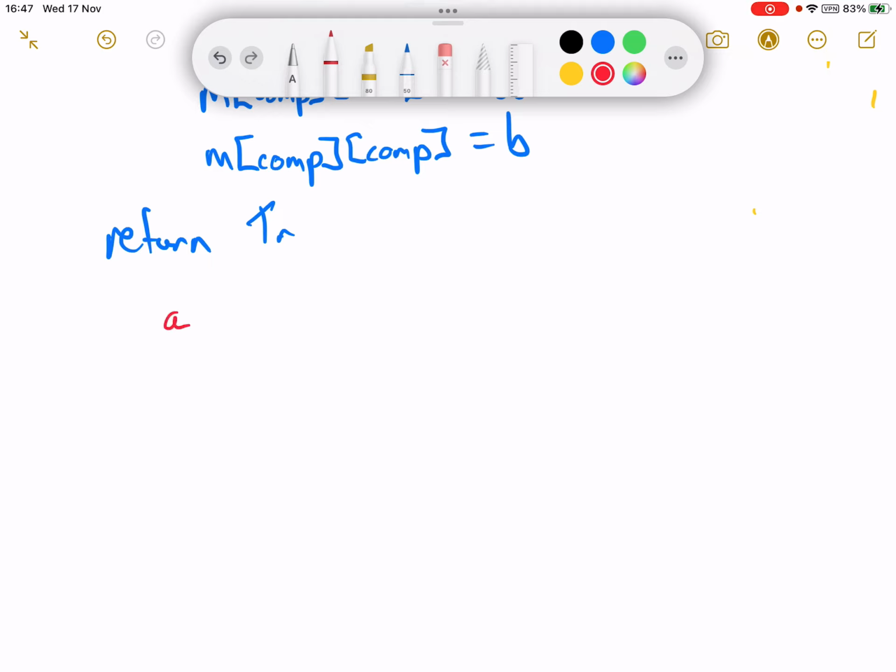Because let's see A, B, C, and D, right? So in essence, we have 2 arrays. The goal is to move that array down here, so that will be A and B, right?